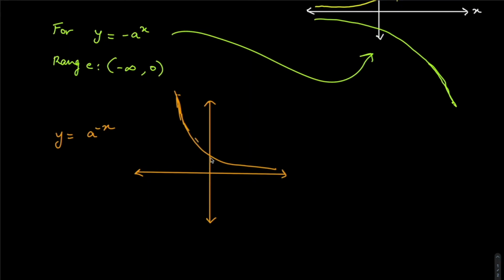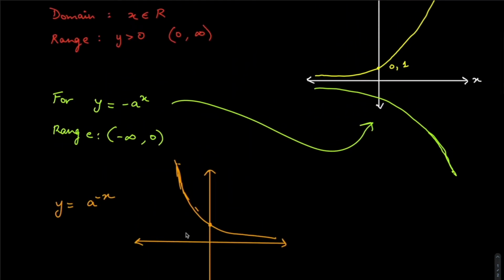And this orange curve and this yellow curve are reflections with respect to the y-axis this time. So let me just erase this and draw it again, like this. So this is what this curve looks like.